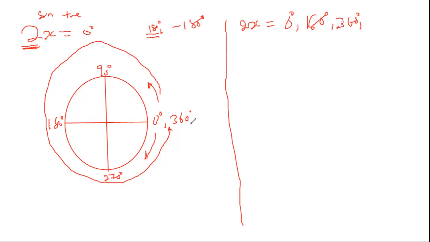But teacher, if we had continued, what are we going to get? If we continued to here, we would get 360 plus 90. What would that give us? 450.